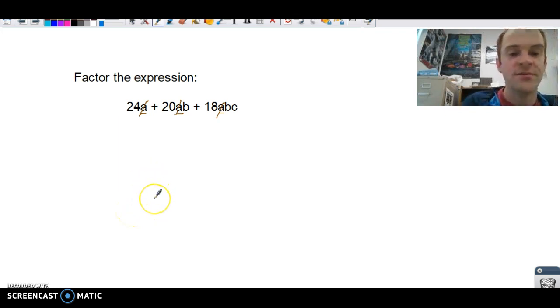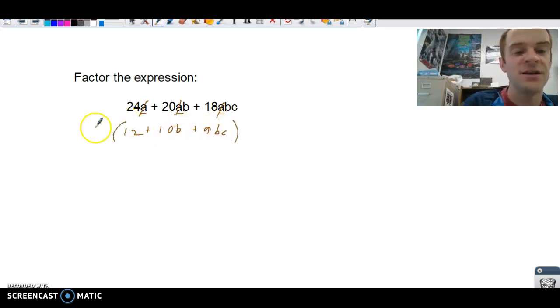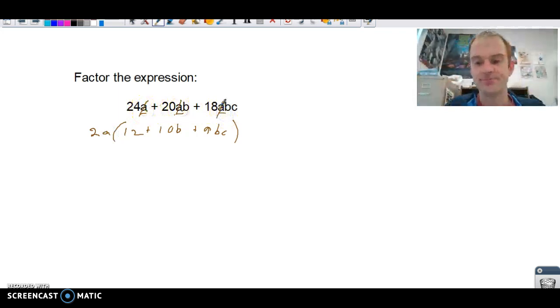I don't remember exactly. Maybe it's 2, this was 12, 10, 9. Yeah, so I'm going to divide each by 2, and you could go through the steps to do this, but I'm also taking out the A. So my factored form at the end is going to be 2A, because each term had an A that I could take out.